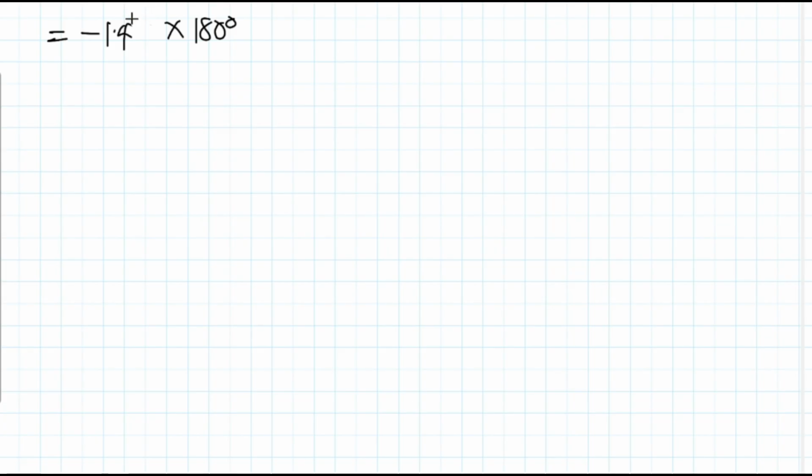So if we multiply by 180, we have 269, minus 269. So that is basically going to be minus 269.43 degrees. So this is the answer, guys.